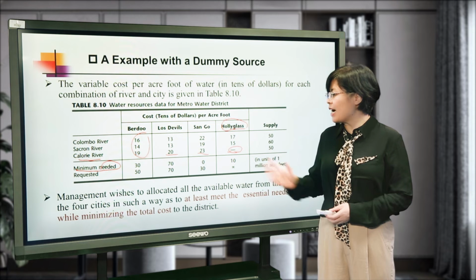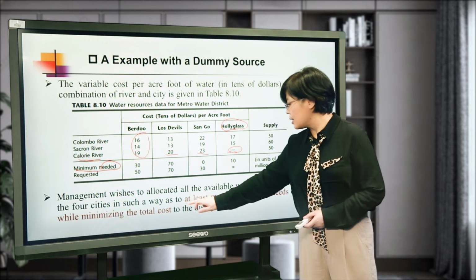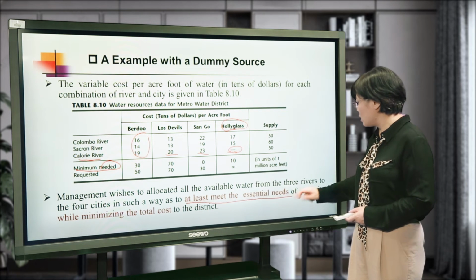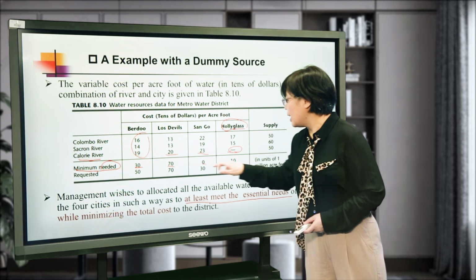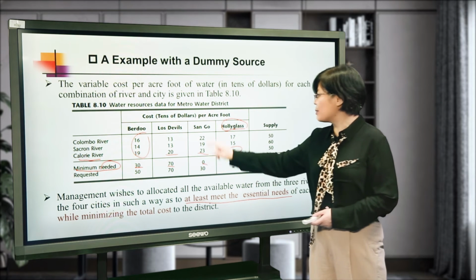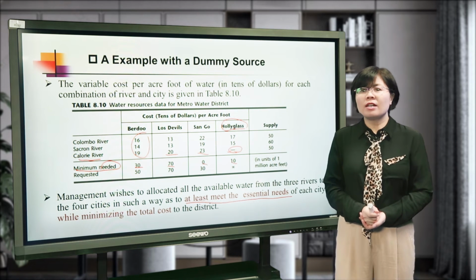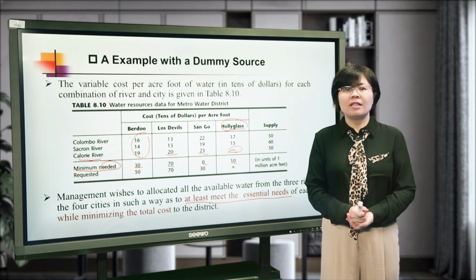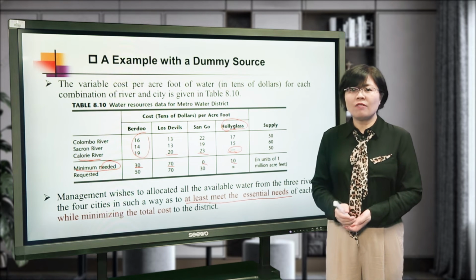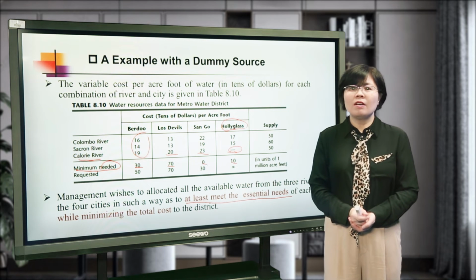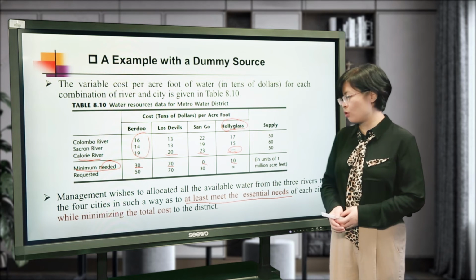So the objective is that we must at least meet the essential needs of each city, except Sangul. The manager should consider that the essential needs of each city must be met, and will minimize the total cost to the district.